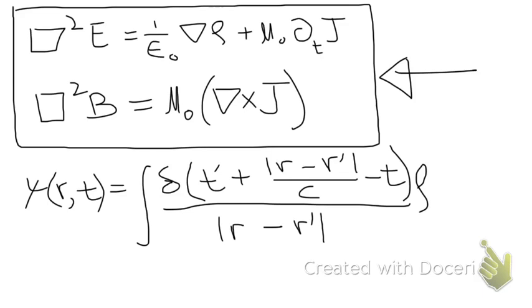The integration is over d3 r prime and my time dt prime, right? Okay, so this over here is the scalar potential solution.